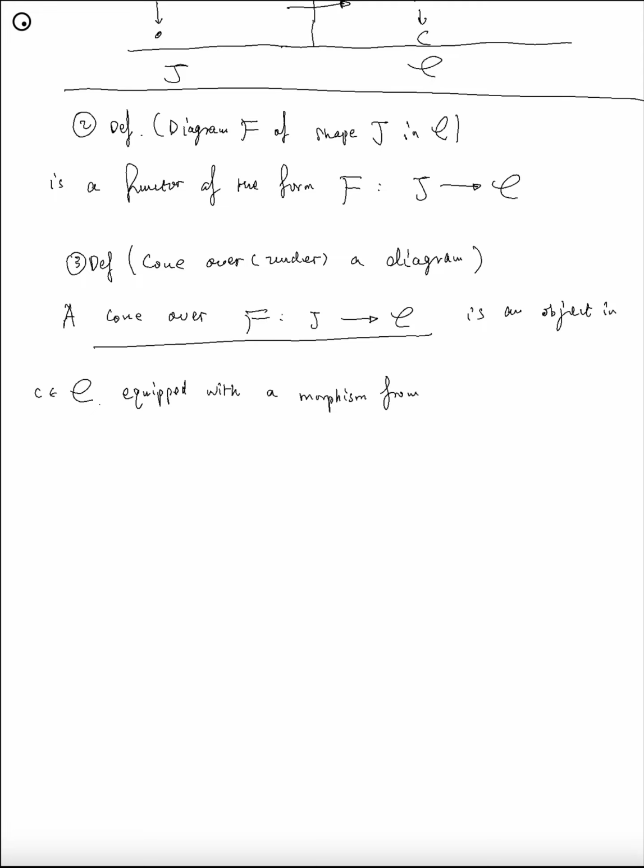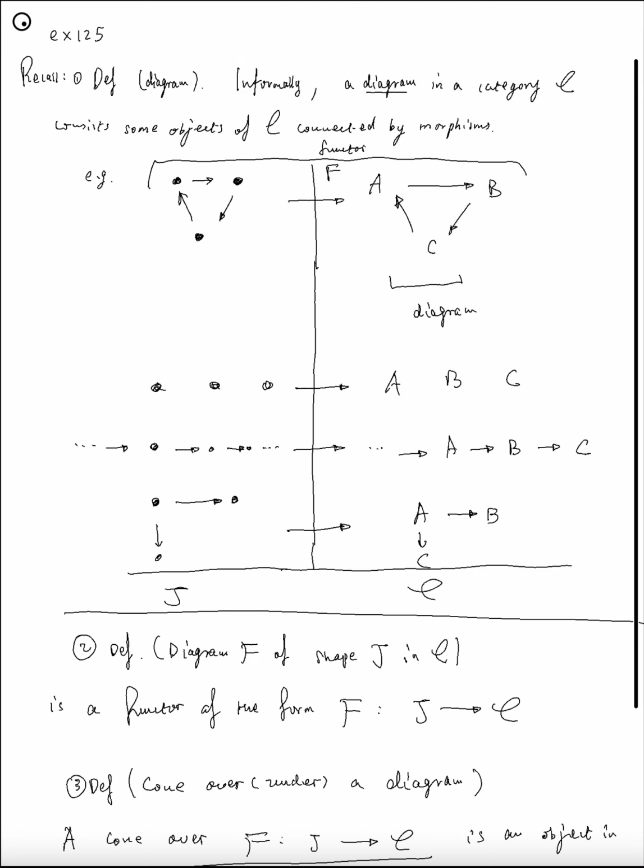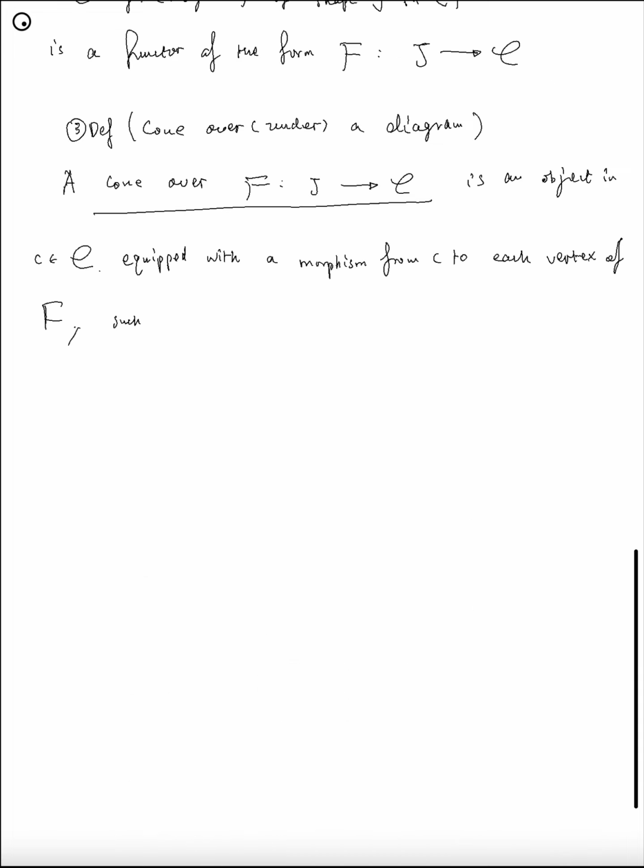from small c to each vertex of F, such that, I haven't really defined what is a vertex of F. You could intuitively think of it as those vertices, whatever the shape of the diagram.